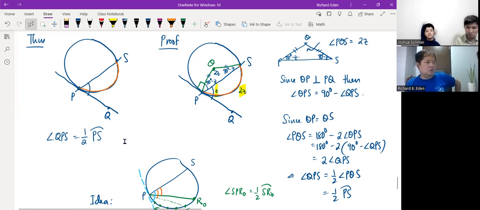Okay, so what if our tangent and secant intersect not at the point of tangency, but outside the circle?